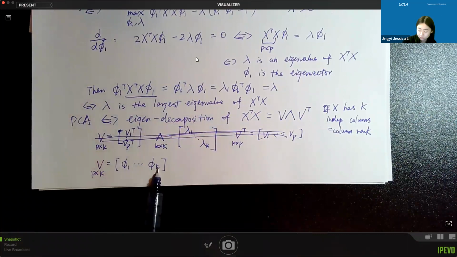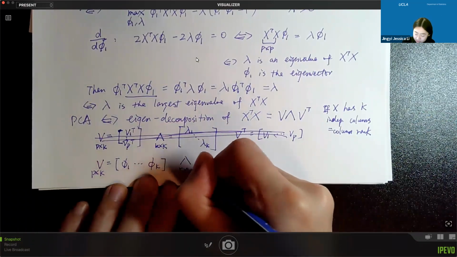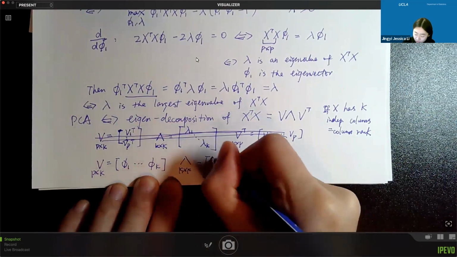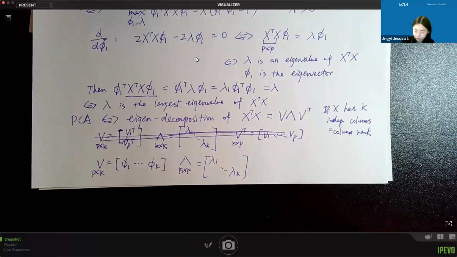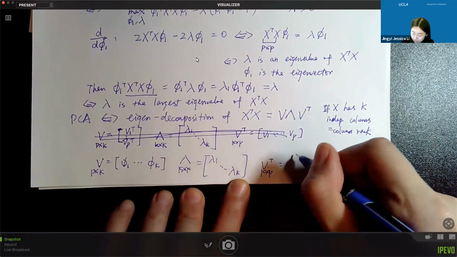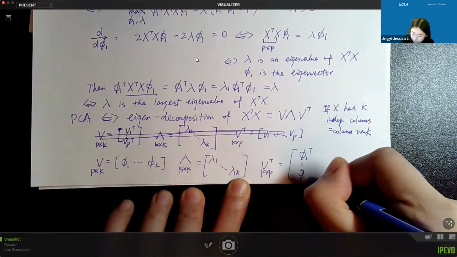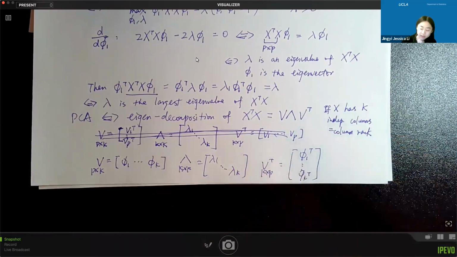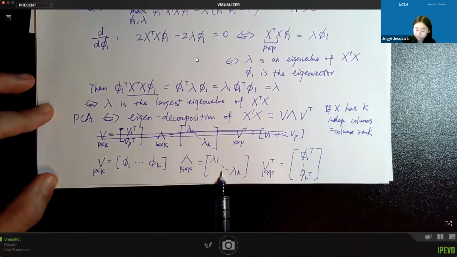Those loading vectors will be here. And lambda, K by K, stays as lambda 1 to lambda K. This is also here, the non-zero eigenvalues. And then V transpose, K by P, will be phi 1 transpose to phi K transpose. Yeah, this is much better. This is the eigenvector, this is the eigenvalue.